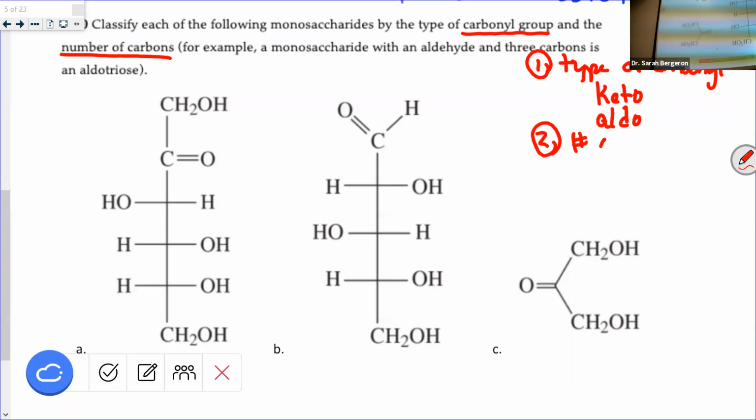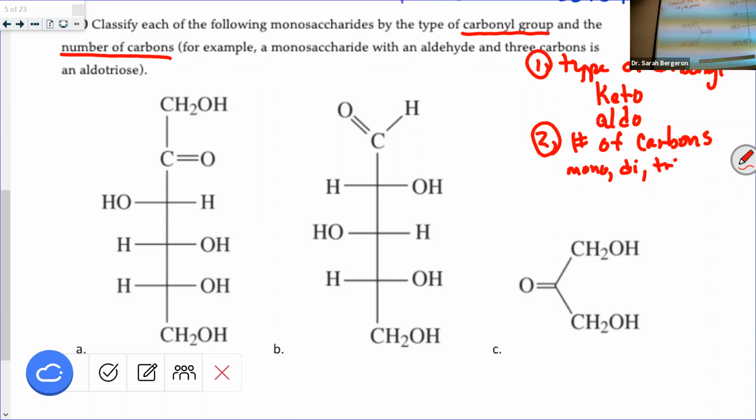So how do I number my carbons? Instead of saying 1, I would say mono. Instead of saying 2, I would say di. Instead of 3, I would say tri, and so on.